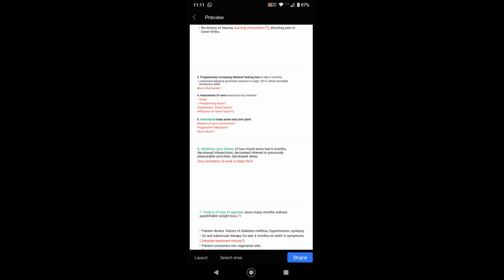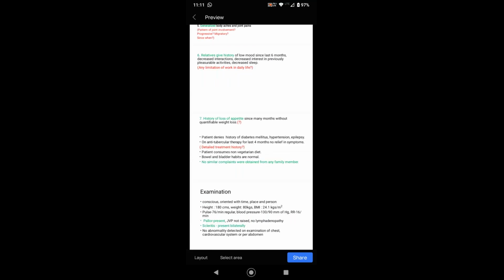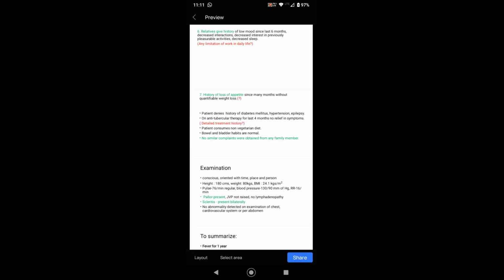The relatives give history of low mood since last 6 months, decreased interactions, decreased interest in previously pleasurable activities, decreased sleep. History of loss of appetite is present since many months without quantifiable weight loss. Patient denies history of diabetes mellitus, hypertension, epilepsy. He is on anti-tubercular therapy for last 4 months with no relief in symptoms. Patient consumes non-vegetarian diet. Bowel and bladder habits are normal. No similar complaints were obtained from any family member.